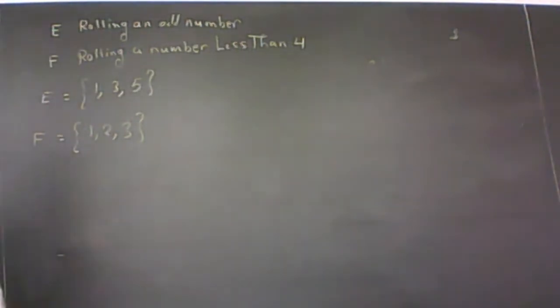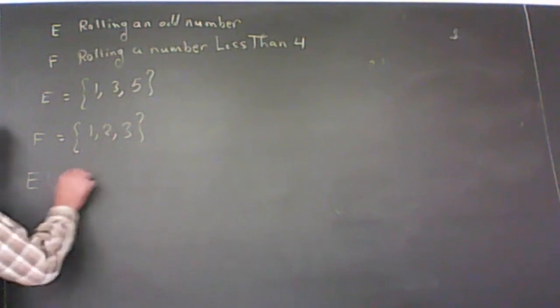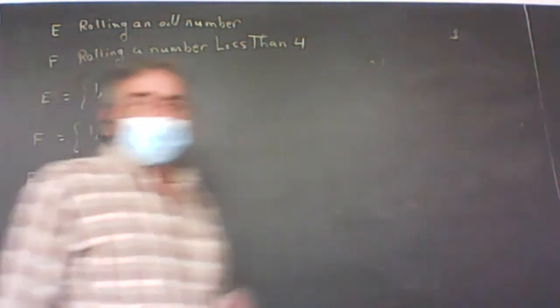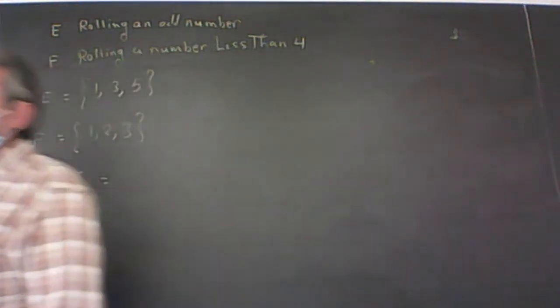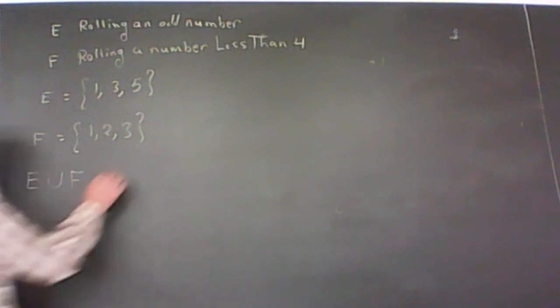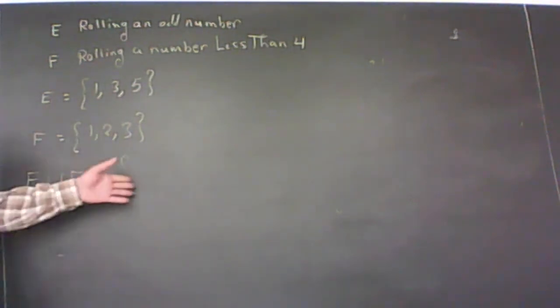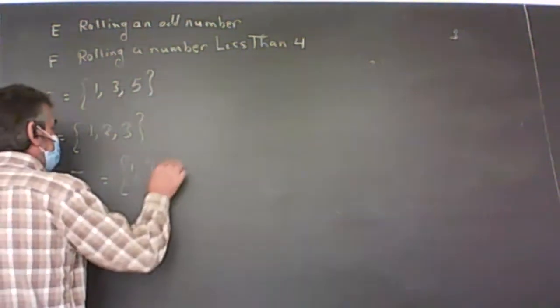So now we can use a set operation to combine these. What do we mean? For instance, if we're looking at E union F, E union F would be all the elements in E or in F or in both. So let's start with set E first and write all the elements in set E. So that'll be 1, 3, 5.